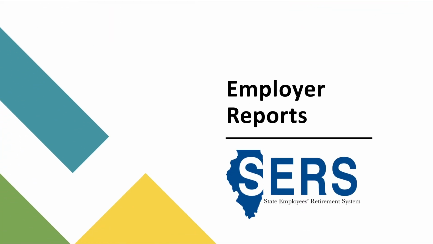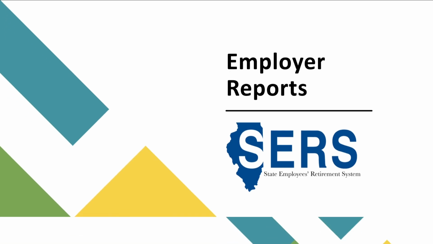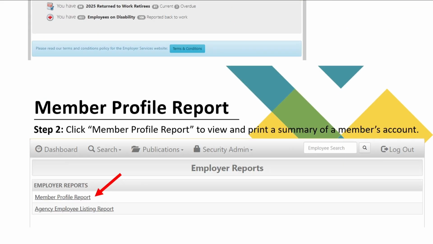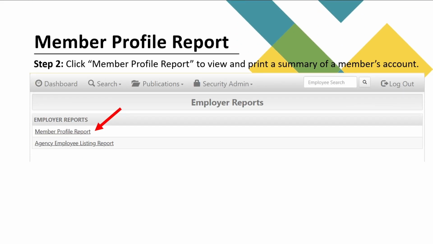Now we're going to talk about completing employer reports. So when you click on your dashboard and you see employer reports, a member profile report to view and print a summary of your member's account. Maybe if they want to ask you a couple of questions, simply click on member profile report.